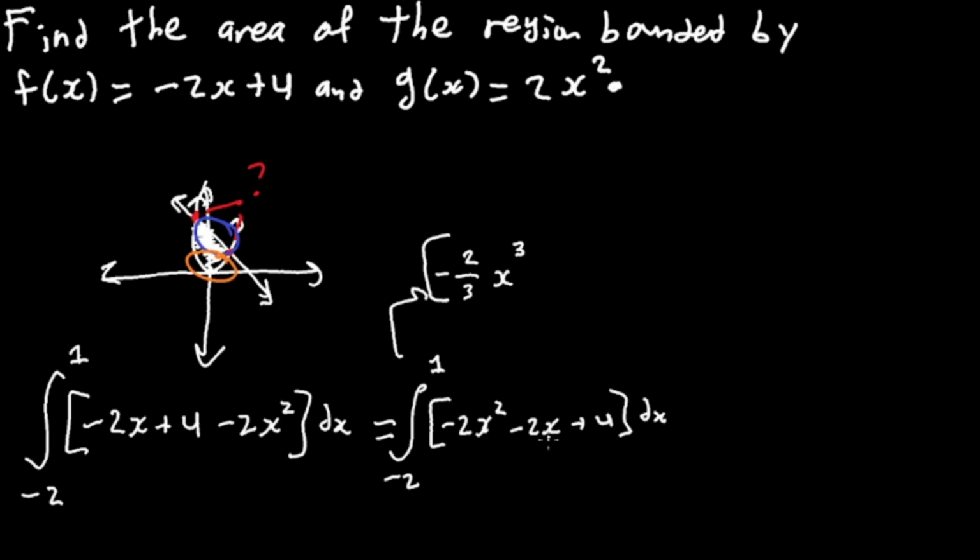And then minus, so we're going to become an x squared, and then we divide everything by 2. So minus x squared, because 2 over 2 is just 1. Plus 4, and then we bring that up a power and divide by 1, which just leaves it the same. So that is our antiderivative. And our bounds are from negative 2 to 1.